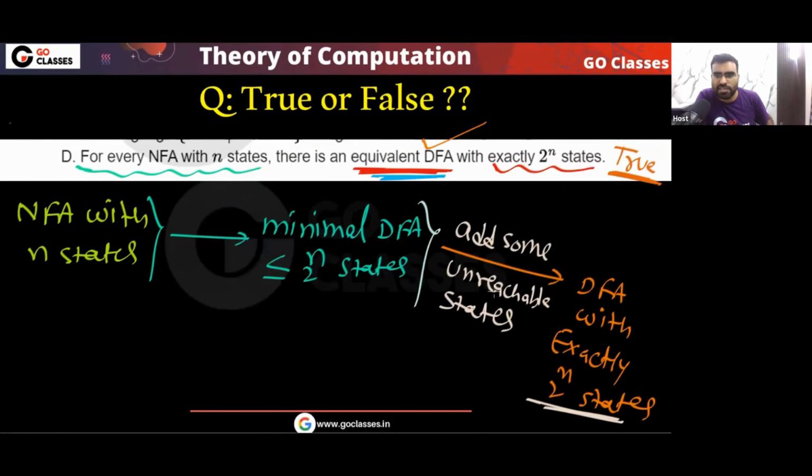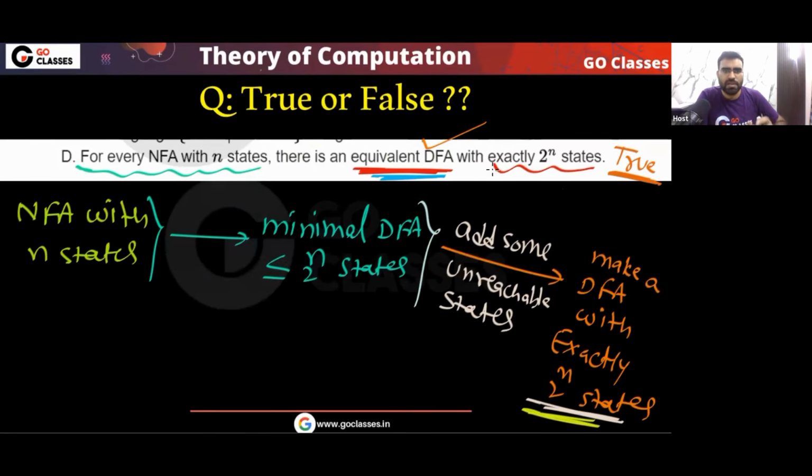You can add some unreachable states, and we can make a DFA with exactly 2 power n states. Is this point clear? Please tell me, did you understand this? Let me know. We can make a DFA with exactly 2 power n states.